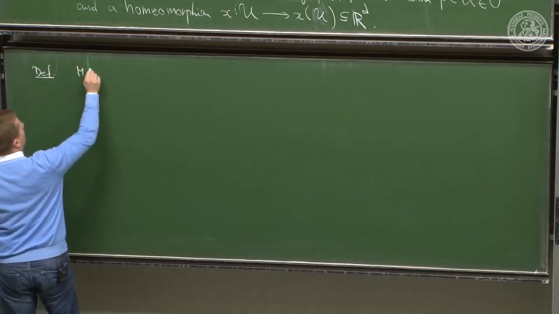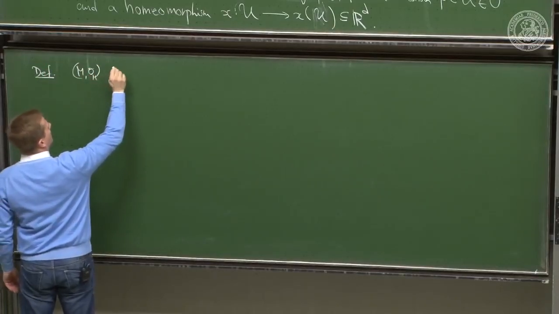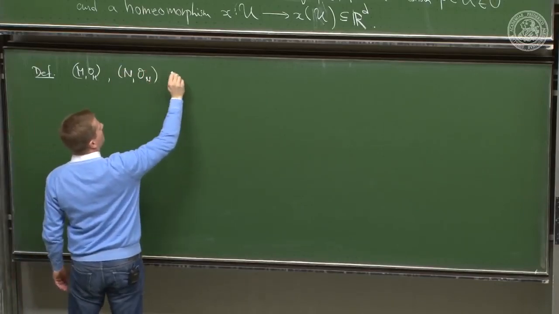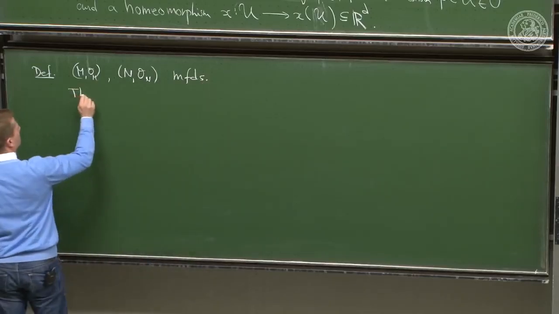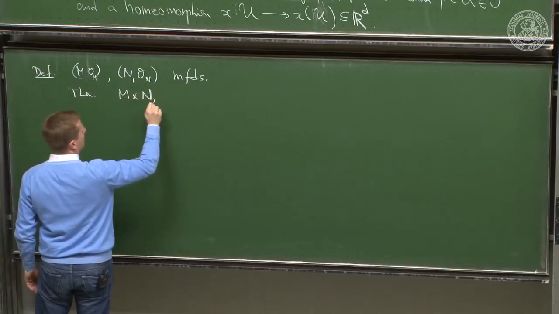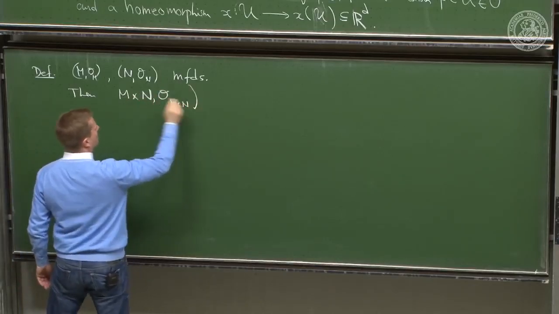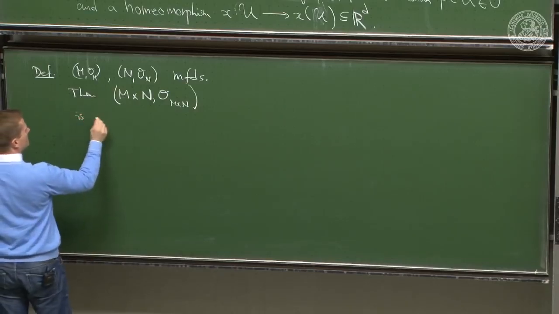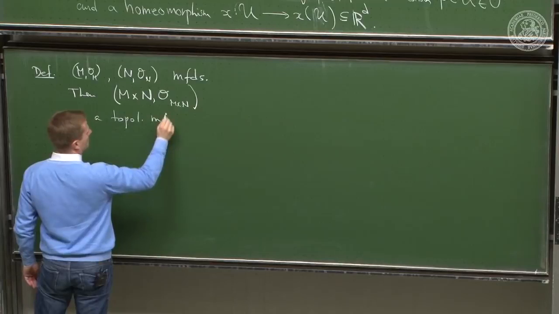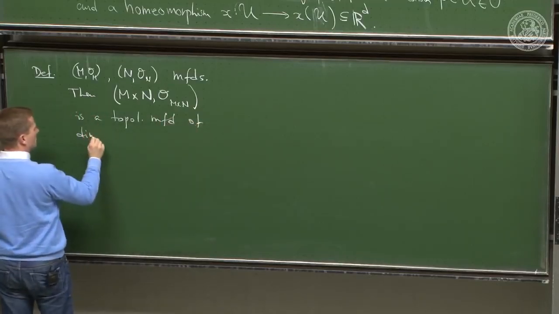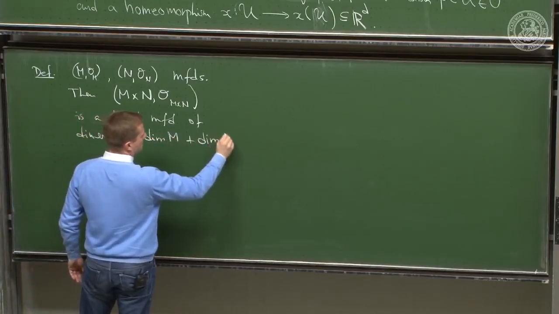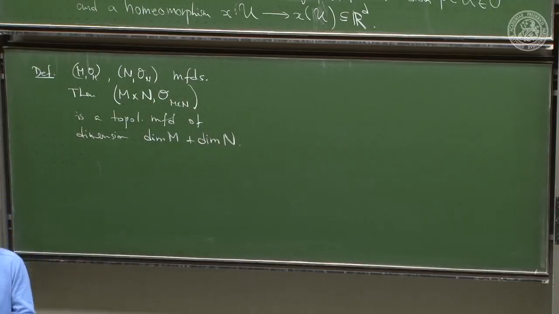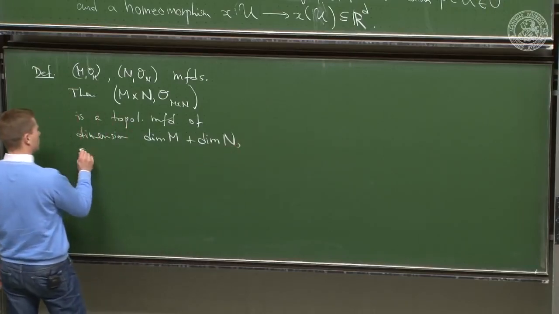Definition: let M and N be manifolds, topological manifolds, then M cross N equipped with the product topology is a topological manifold of dimension dim M plus dim N. So you just take the product of the manifolds and you get a new topological manifold, and this is called the product manifold.